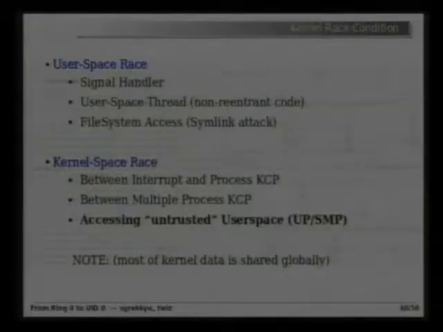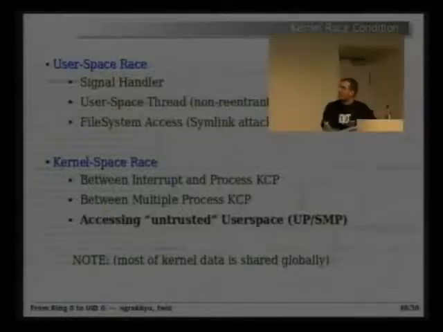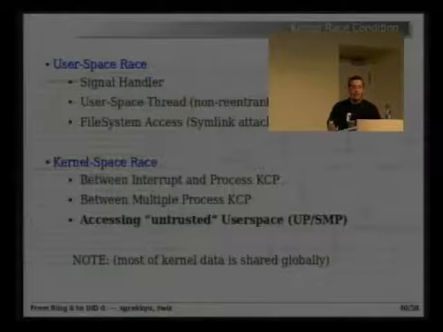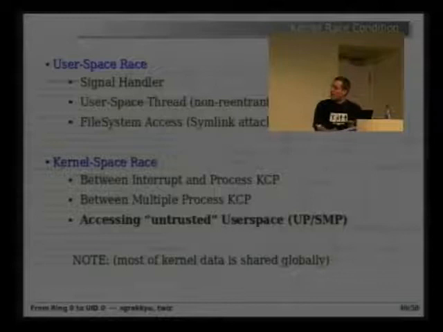We are used to seeing user space race conditions, like in signal handlers or in user space multiple threads, or time-of-check to time-of-use attacks like symlink attack race conditions. In kernel space, things are different because most of the kernel data is shared globally, so virtually any place in the kernel can be vulnerable to a race condition if the code doesn't use locking mechanisms properly.